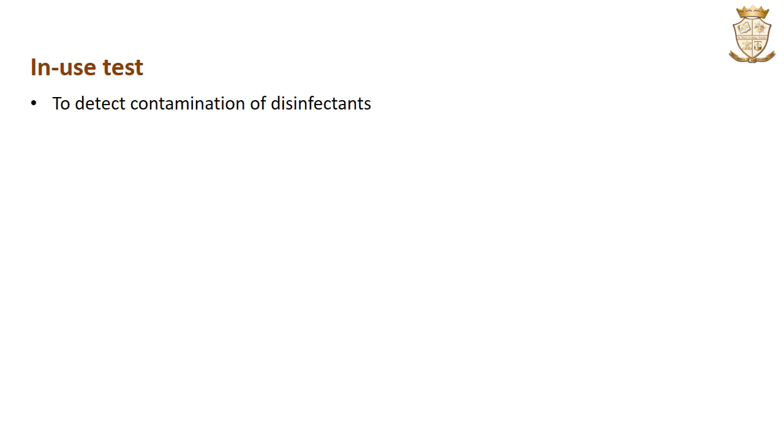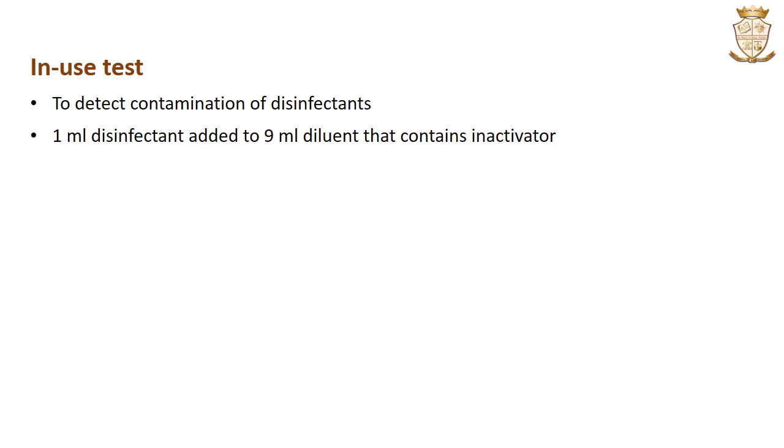Next is the in-use test. This was first described in 1985 by Maurer. This is used to detect the contamination of disinfectants. Here, a 1 ml sample of the disinfectant will be added to 9 ml of diluent. This diluent will contain a particular inactivator.